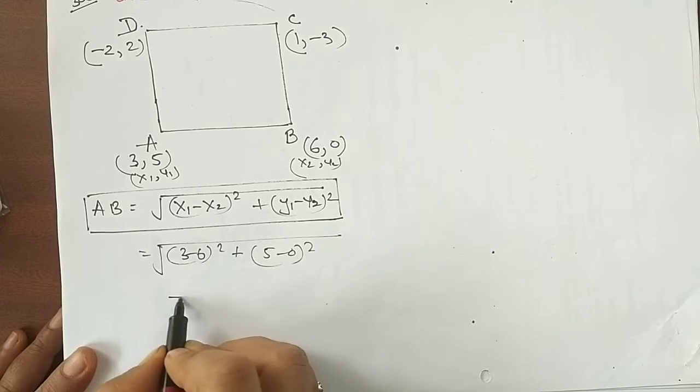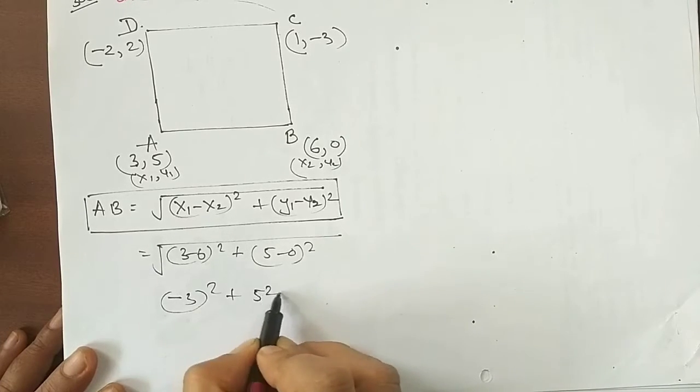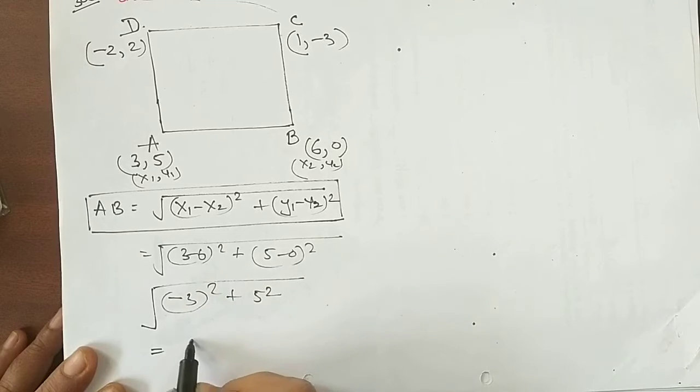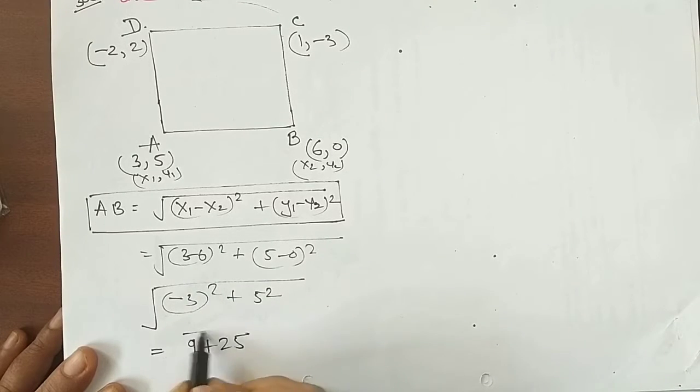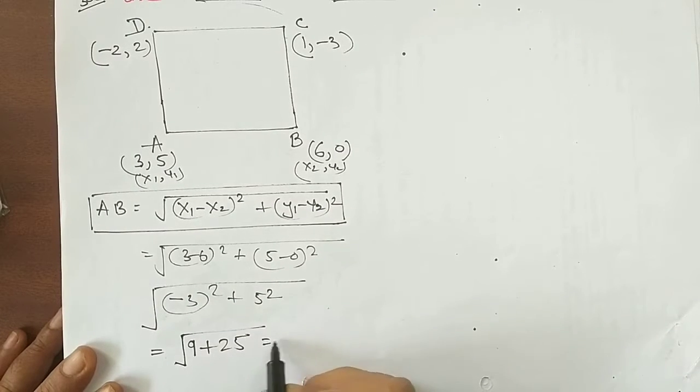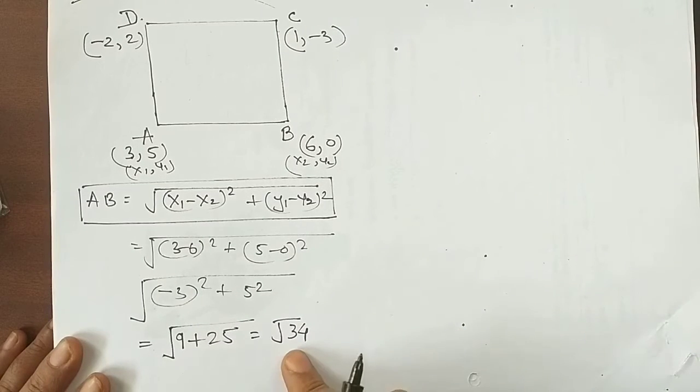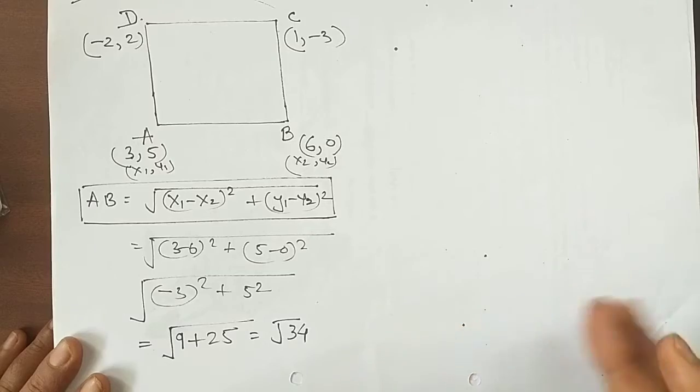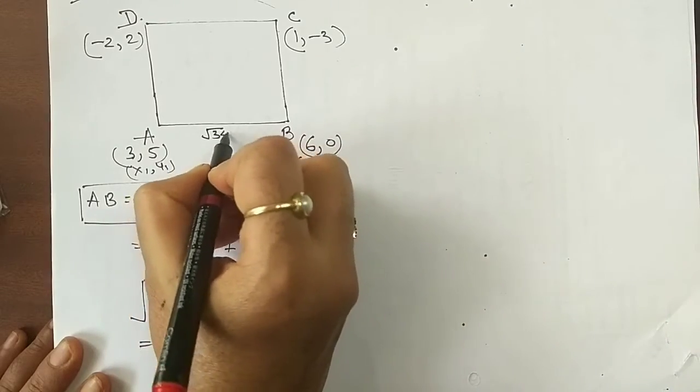Is (-3) square plus 5 square, which is nothing but 9 plus 25, which is nothing but root of 34. Root of 34 I don't know, so I will keep it like this only, root of 34.